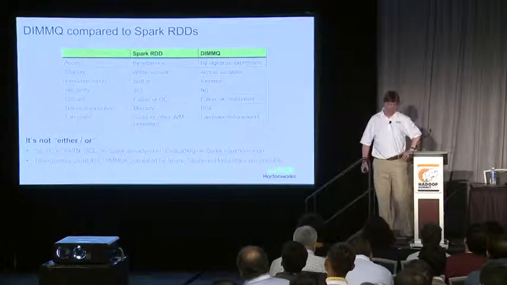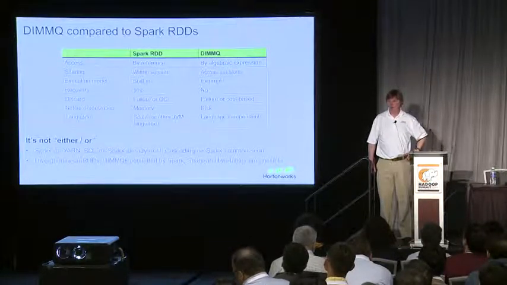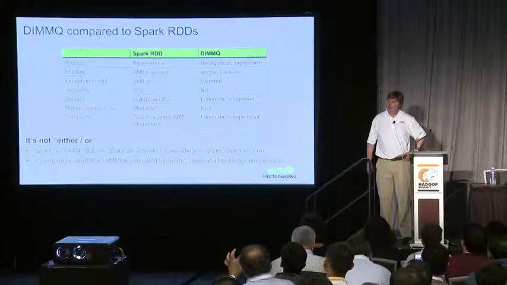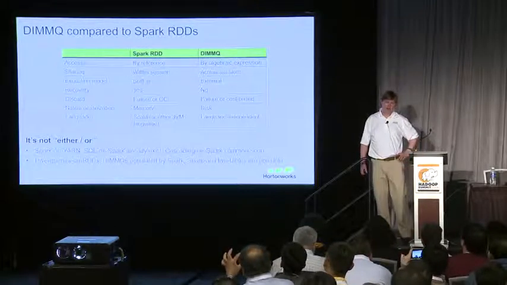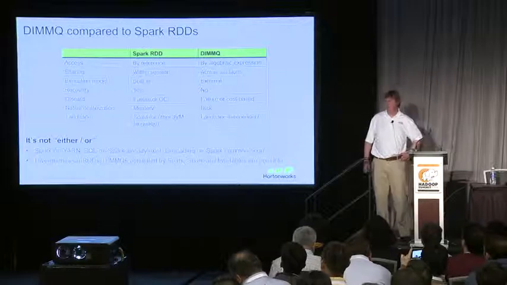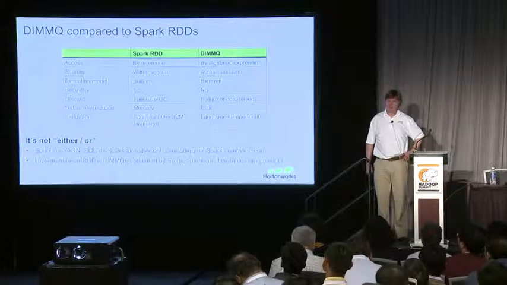Somebody always asks, how do these compare with Spark RDDs? Spark has been an inspiration to this because Spark was one of the innovative technologies that made really good use of memory when no one else was; everyone else was operating from disk. And the differences aren't really that fundamental. And I don't really want to start an either-or battle.